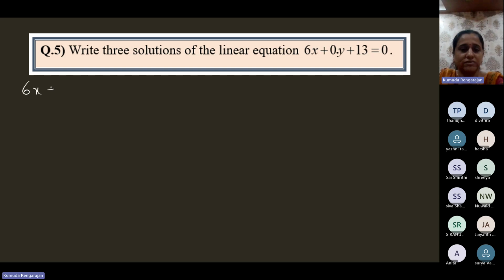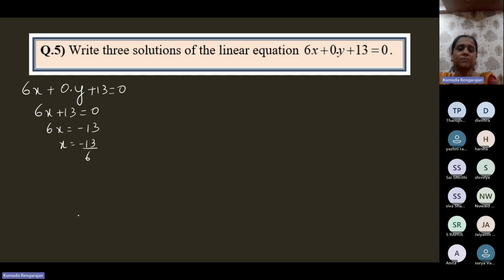6x plus 0y plus 13 is equal to 0 is nothing but 6x plus 13 is equal to 0. So on solving for x, we have 6x is equal to minus 13, x is equal to minus 13 by 6.